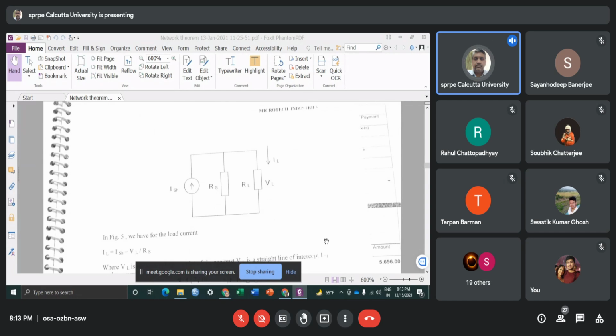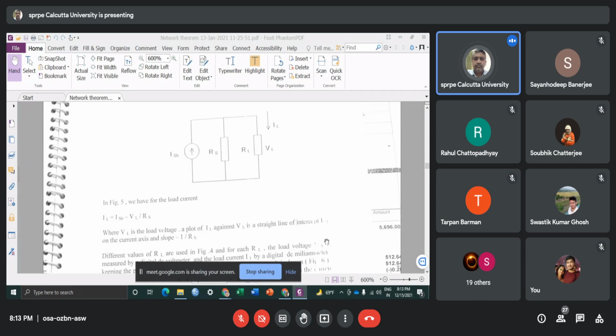Now it is very simple to derive that this I short circuit is equal to the current flowing through this resistance RS plus the current flowing through the load, that is IL. Now after simplification, I write that this load current IL is equal to ISH minus VL by RS. Now this can also be written as a linear equation.